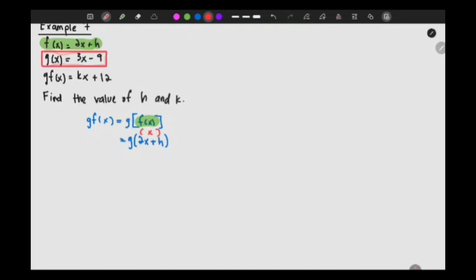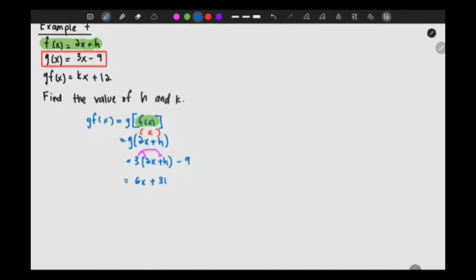Next step, expand them, isn't it? Expand 3 times 2 and 3 times h. So 3 times 2, you should get 6x. 3 times h, you should get 3h. And you minus 9. So this is the g(f(x)) that you find. So your g(f(x)) is 6x plus 3h minus 9.